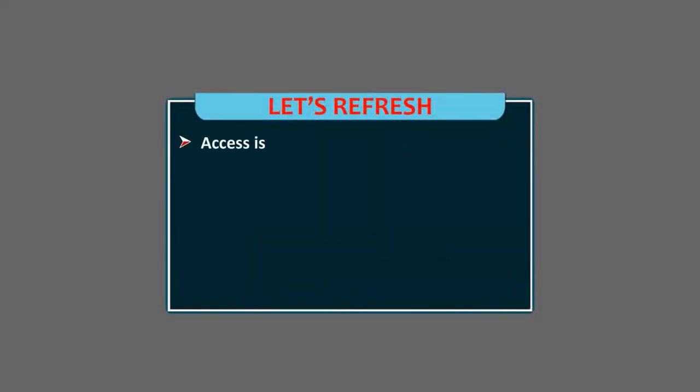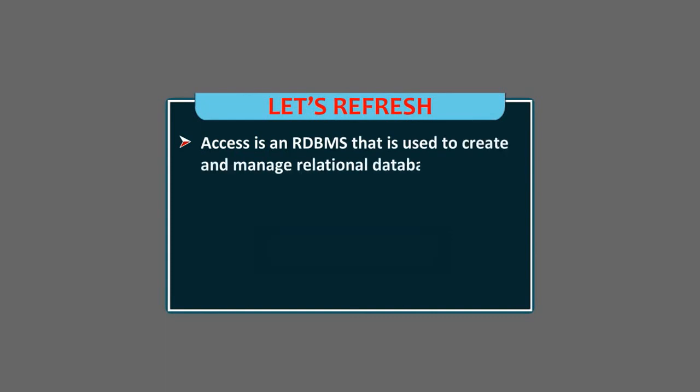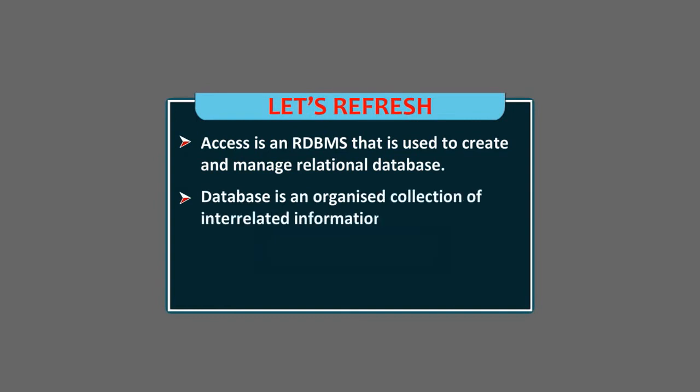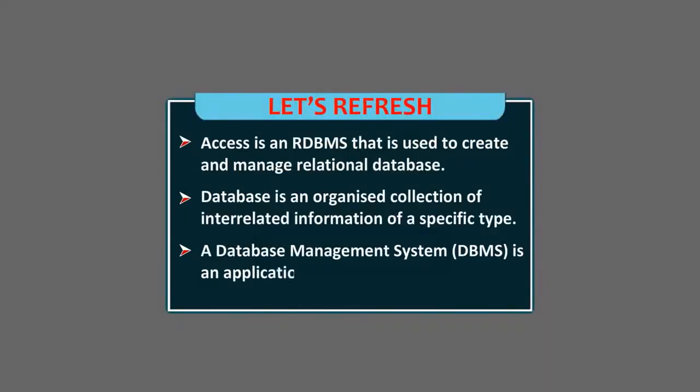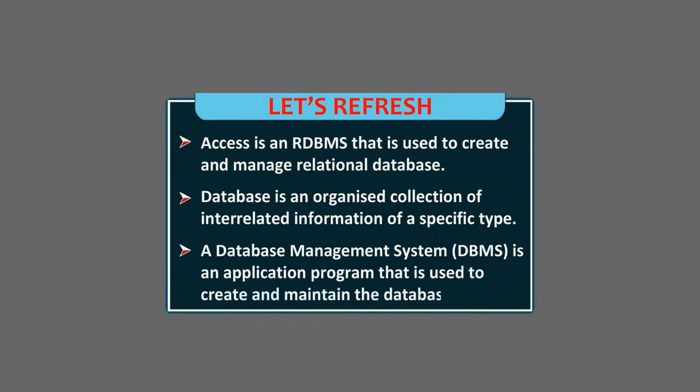Let's refresh. Access is an RDBMS that is used to create and manage relational database. Database is an organized collection of interrelated information of a specific type. A database management system, DBMS, is an application program that is used to create and maintain the database.